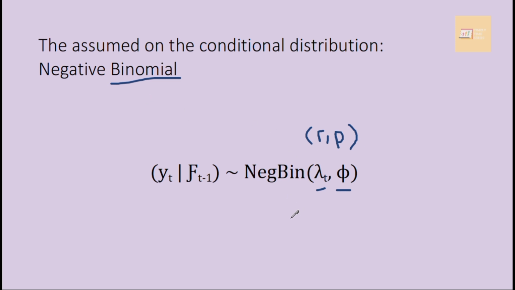But in regression tasks, or well, in modeling tasks basically, it's simpler to use an alternative parameterization. We have several alternatives to R and P, and one of them is the mean and dispersion parameter. And this is what we're going to use in this project.